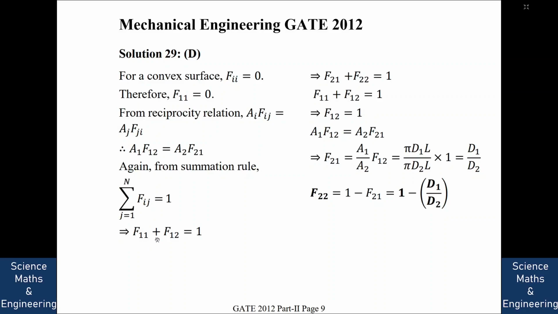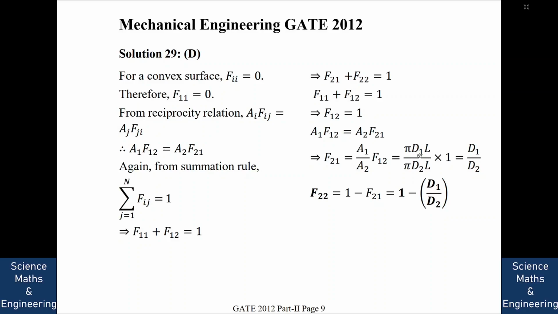Now as F11 plus F12 is equal to 1, so we get F12 is equal to 1 as F11 is equal to 0. Next, A1 into F12 is equal to A2 into F21. So from here we get F21 is equal to A1 by A2 into F12.